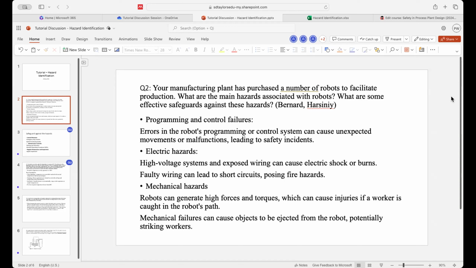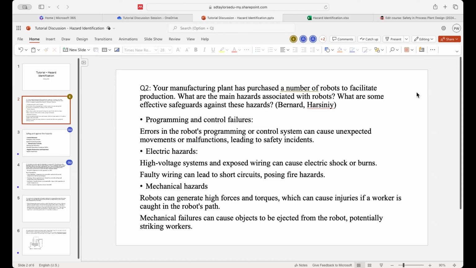The first one may be the programming and control failures. Errors in the robot's programming or control system will cause unexpected movements or malfunctions, leading to safety incidents such as injuries or even fire hazards. This programming issue will cause the next 2 hazards also.